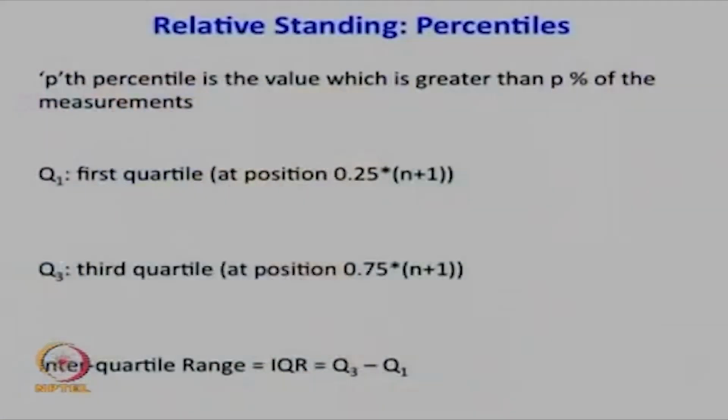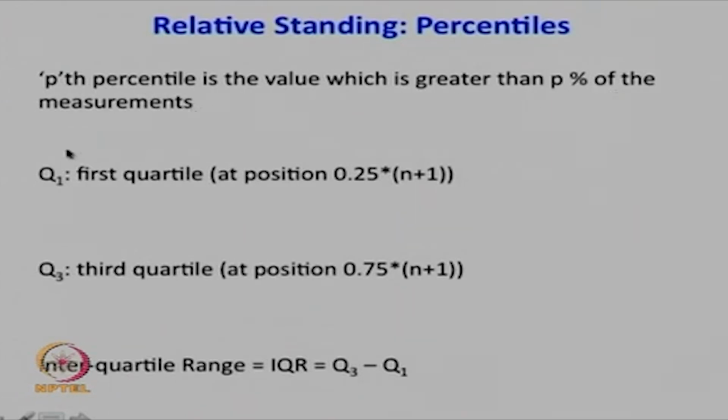Another important metric which is widely used is the concept of relative standing or percentiles. The definition of a percentile is as follows: a pth percentile is the value which is greater than p% of the measurements.